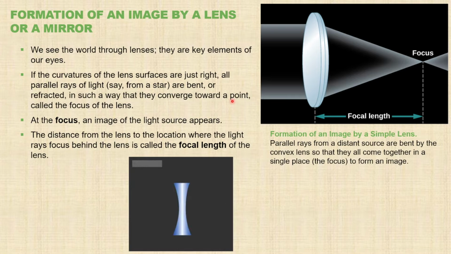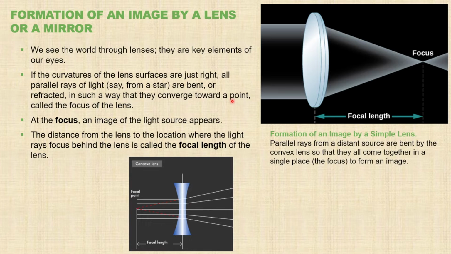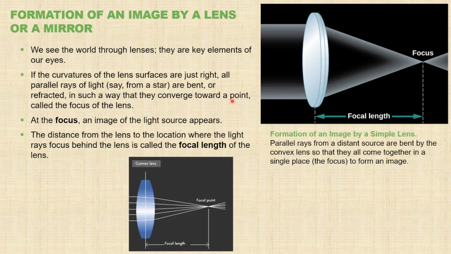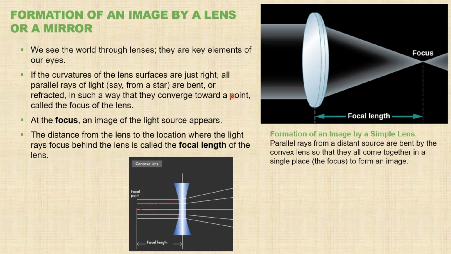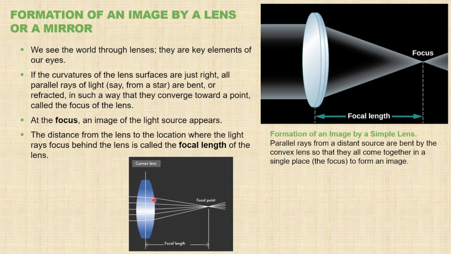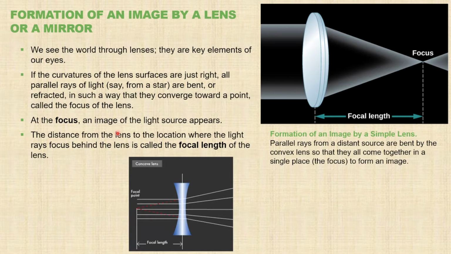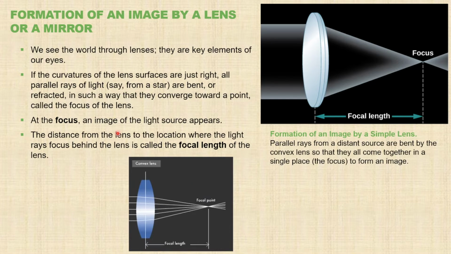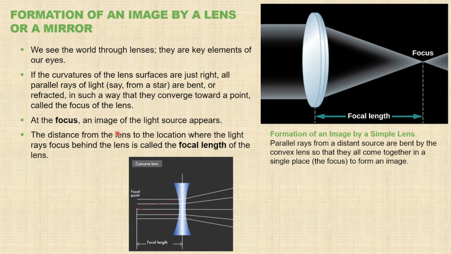Lenses have certain properties, and there are different types of lens. The two most widely used are the convex lens and the concave lens. This is concave, and this is convex, with the bulging edges. The parallel light, usually light coming from a distant source like the sun or other stars, is parallel by the time it reaches here due to the distance it travels.